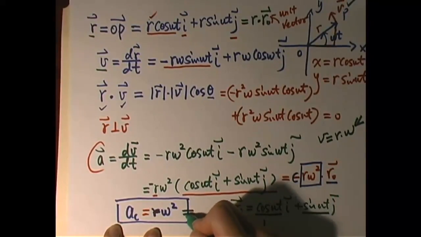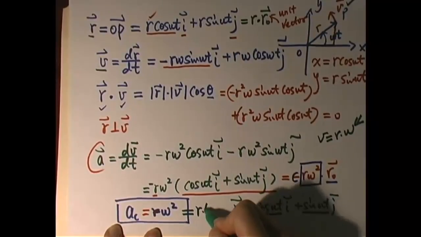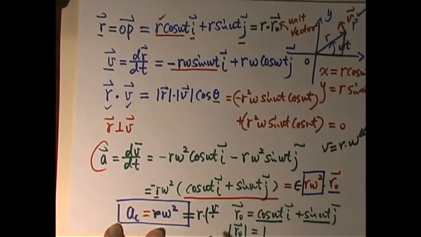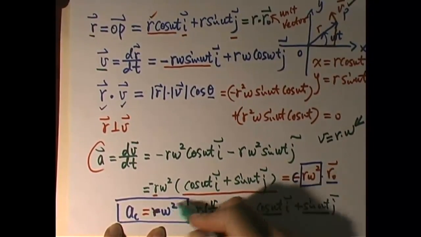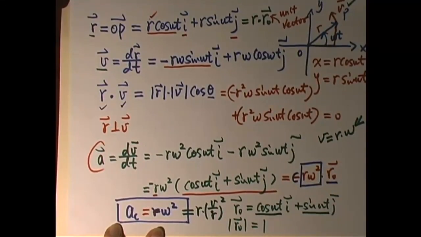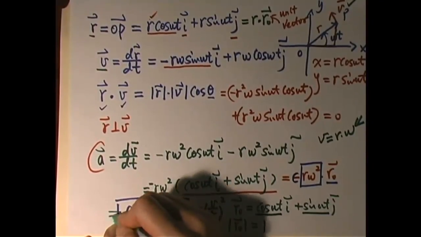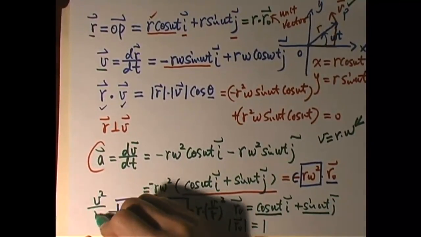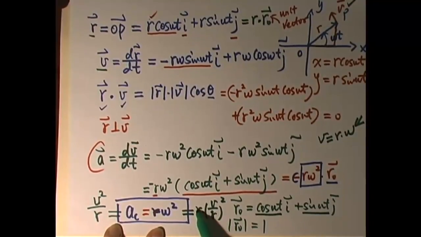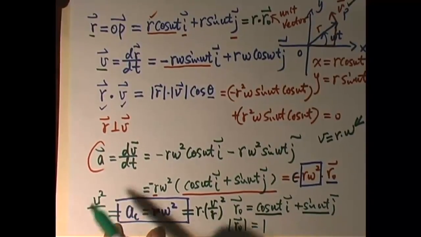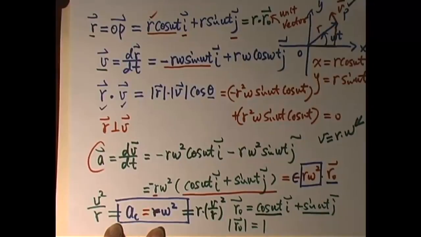The r stays, omega is replaced by v over r, and don't forget the square. We get another expression for centripetal acceleration, v squared divided by r, because when r gets squared, one r cancels. So centripetal acceleration can be expressed either as v squared over r, tangential speed squared over radius, or as r times omega squared, the radius times angular velocity squared.